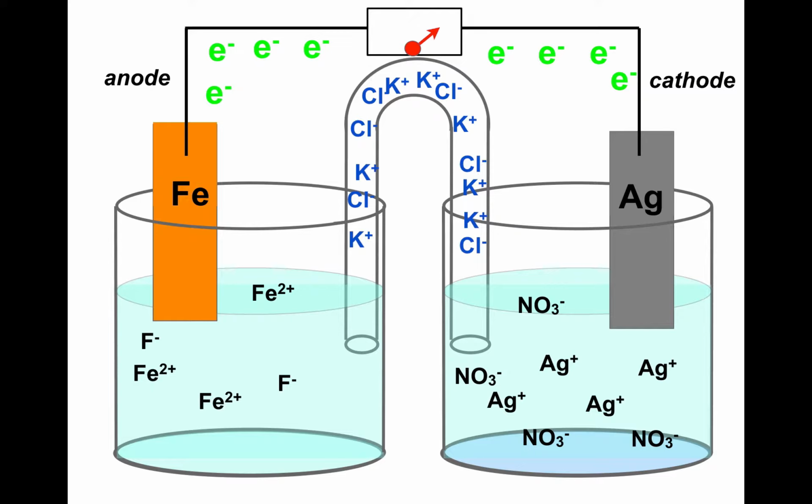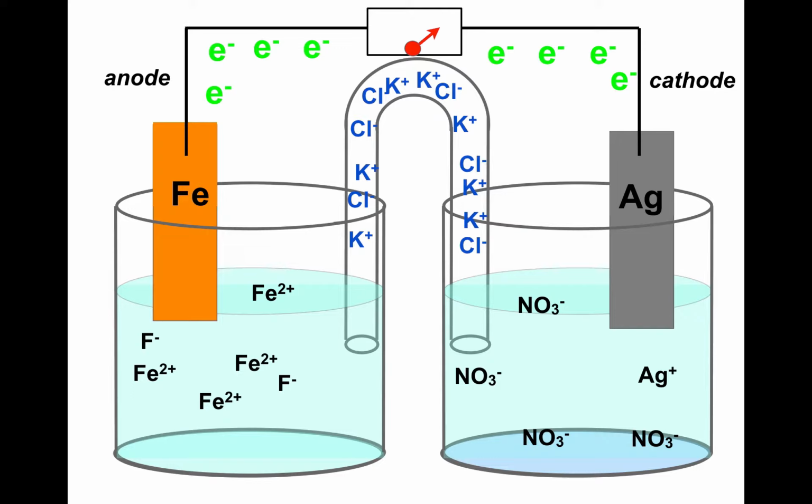So as this reaction goes forward, I'm building up a plus charge over at the anode. Over at the cathode, as the silver pluses take the electrons, I'm lowering the concentration of silver plus, raising the concentration of iron 2 plus, so I'm building up a negative charge over at the cathode.